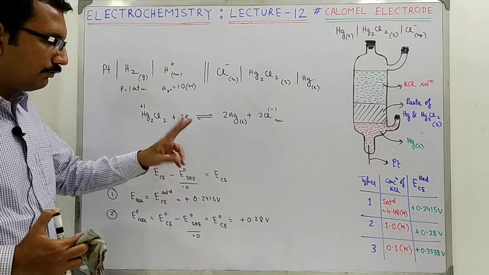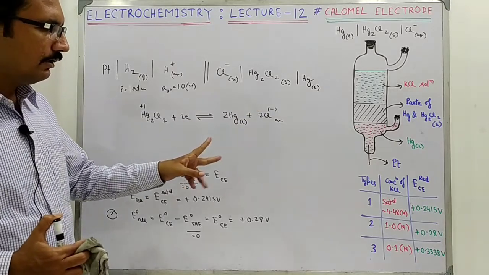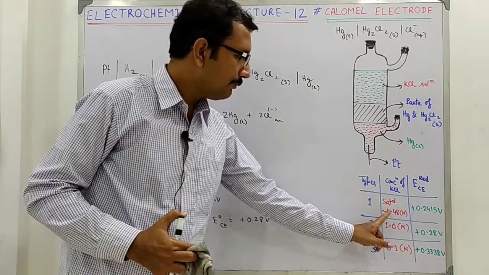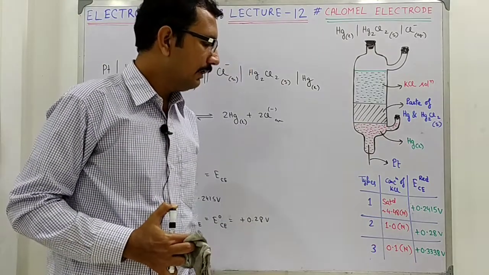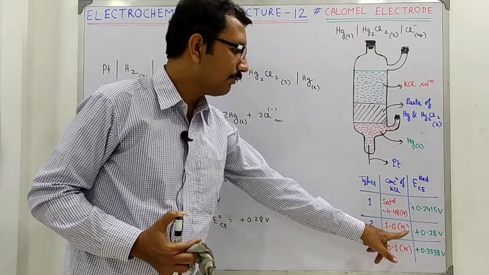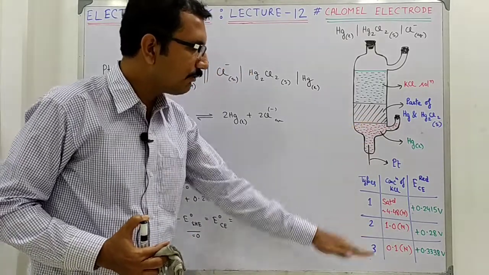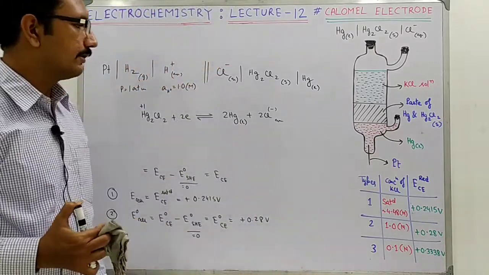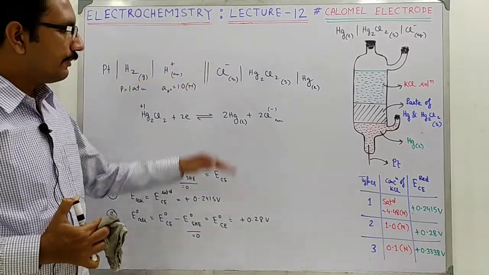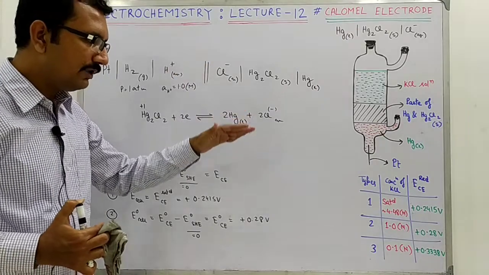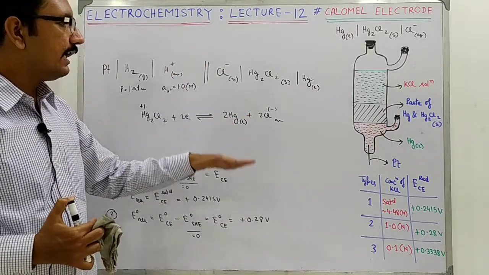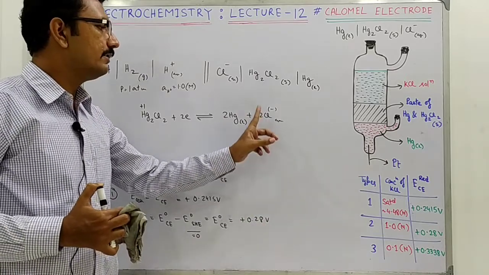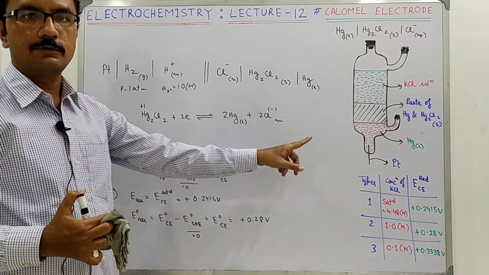Now, we are dealing with 2 or 3 concentrations. The first one is 4.48 normal, the second one is 1.0 normal. So, we are reducing the concentration of KCl and hence the concentration of Cl minus ions. So, from experiment 1 to experiment 2, what have we done? We have decreased the concentration of Cl minus ions within this electrode.